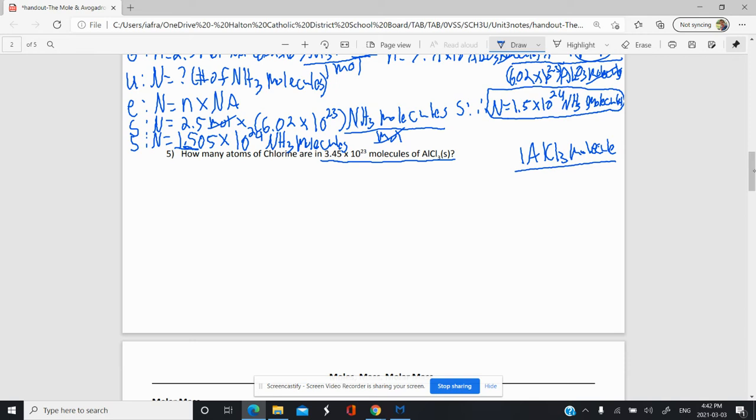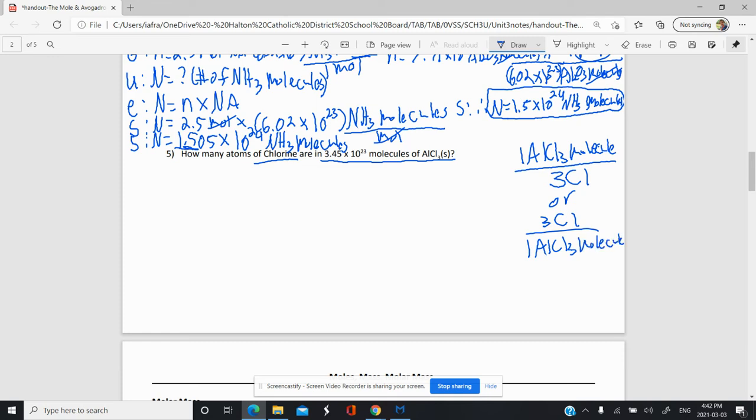We're looking at specifically the chlorine atoms. So in 1 AlCl3 molecule, there are 3 chlorine. You could also write the conversion factor the other way around, but let's see which one we're going to use. Let's actually write it just for the sake of it. Or you could write 3 Cl for every 1 AlCl3 molecule.